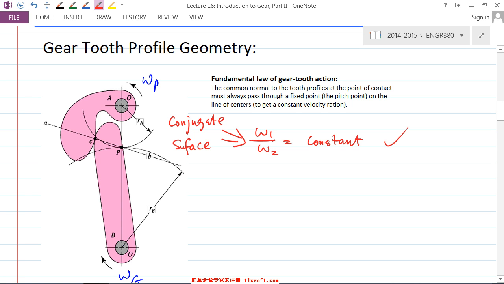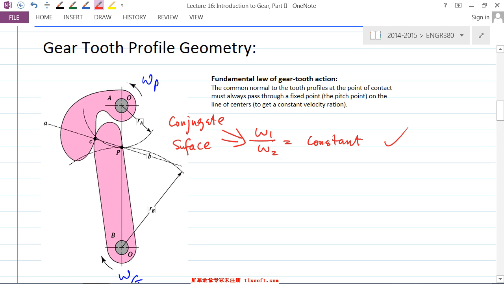However, if it's not involute, if it's some other conjugate surface, you don't really need to have a unique line of action. At this moment, maybe this is the line of action. At the next moment, you have another line of action, but it also has to pass the same point P. You know what I'm saying, right? And that's one type of so-called conjugate surface.